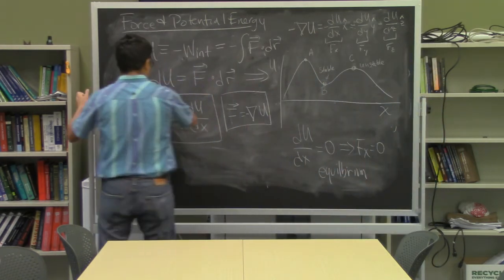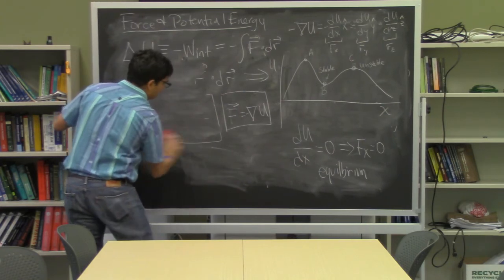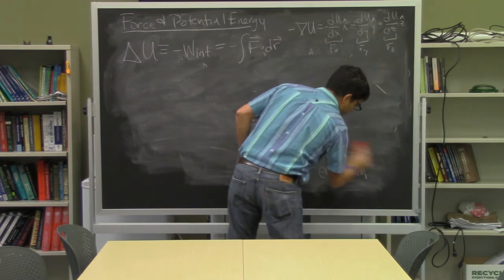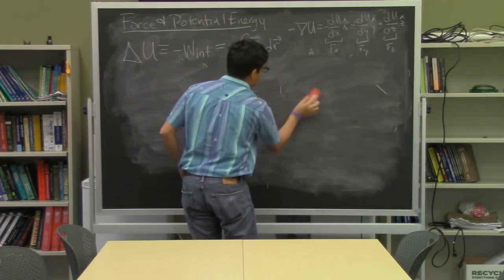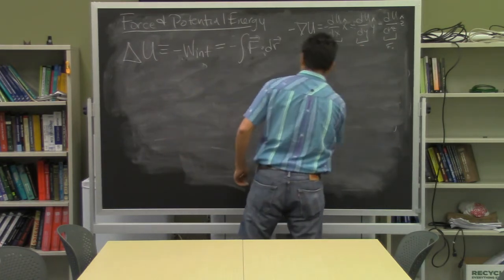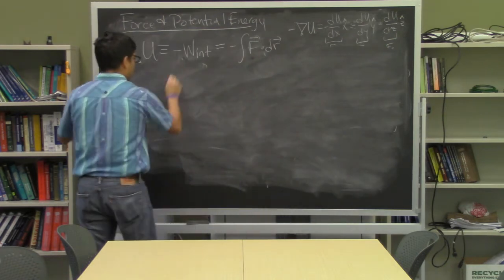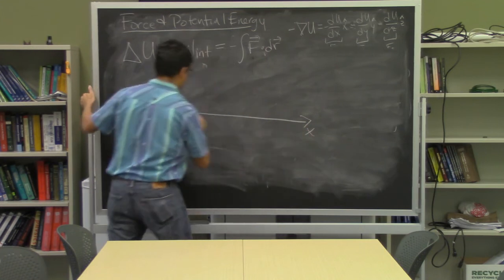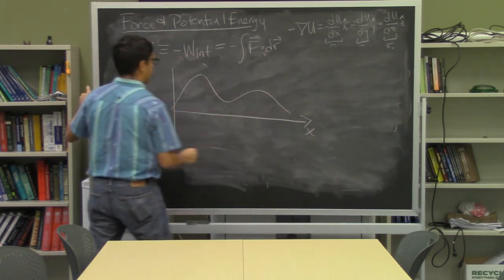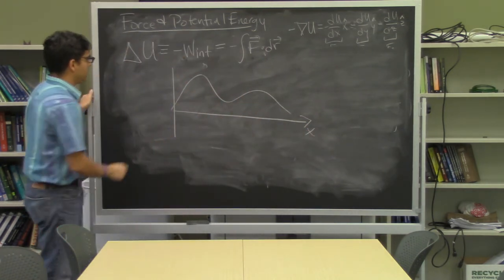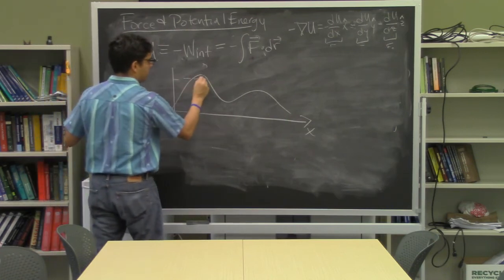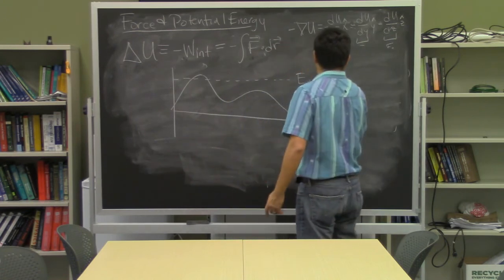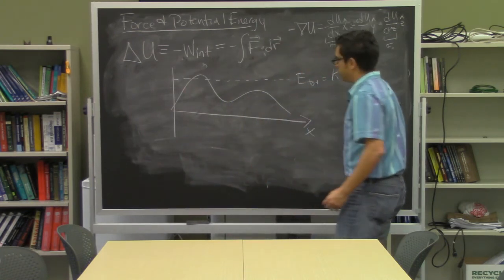One final thing to note is when you have one of these graphs, you can think about what the kinetic energy of that system is if you know something about the total energy. So we'll draw another one of these graphs. So it looks like this. So let's say the system has a total energy given by this dotted line. So this total energy is the sum of the kinetic and the potential energy.